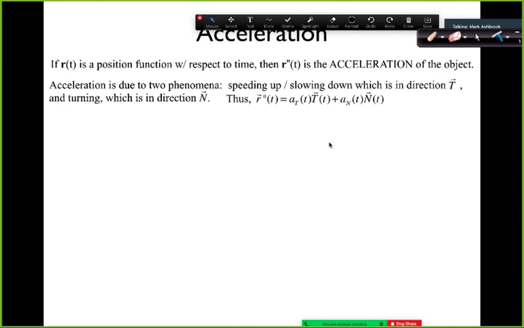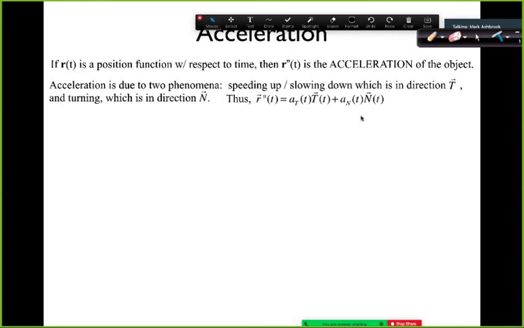So this is what r double prime is: the scalar tangential acceleration times a unit vector in the direction of T, plus the scalar turning acceleration, or normal acceleration, times the unit vector N. So the second derivative is a vector function, and this is the way to make sense of it. Break it up into its tangential and normal components.